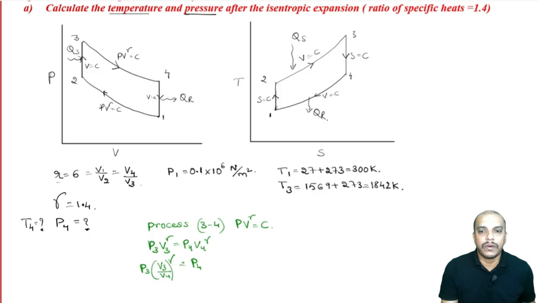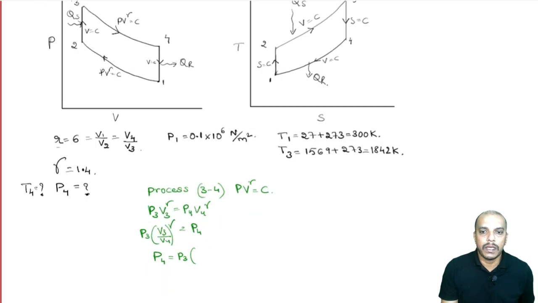Now, what is V3 by V4? V3 by V4 is 1 by R, right? Because V4 by V3 is R. So, this is 1 by R whole power gamma. P3 is not known. So, we will have to find P3, and then come back to this point.